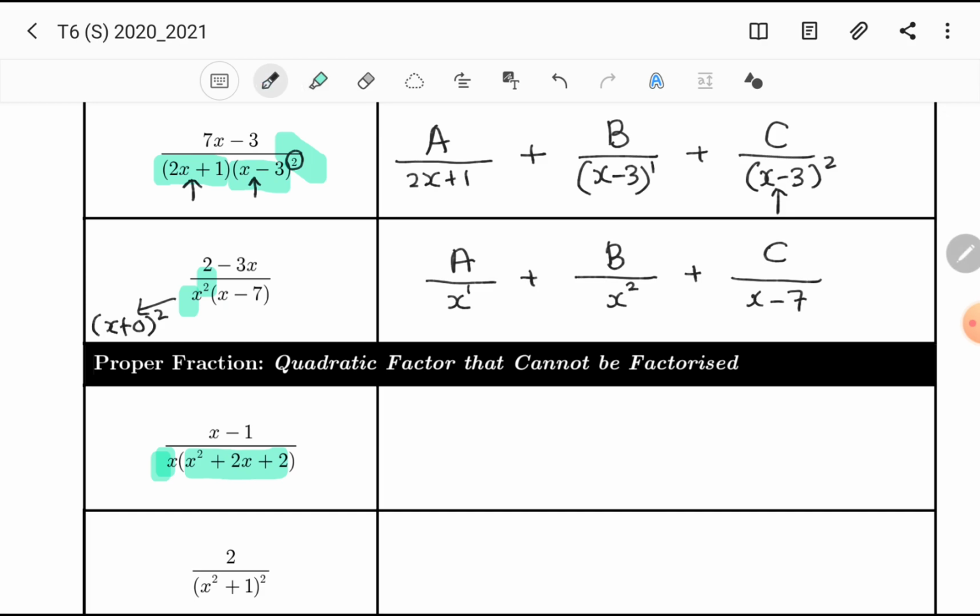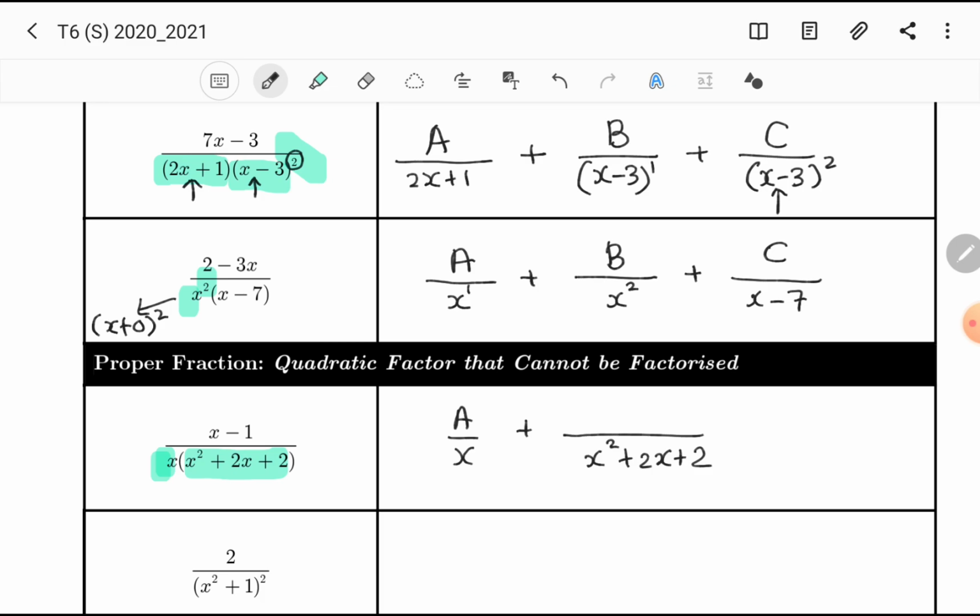So, for the case yang cannot be factorized, no choice, kita akan remains quadratic. So, yang ni akan jadi A over X plus, okay, next, terpaksa guna kuadratik.